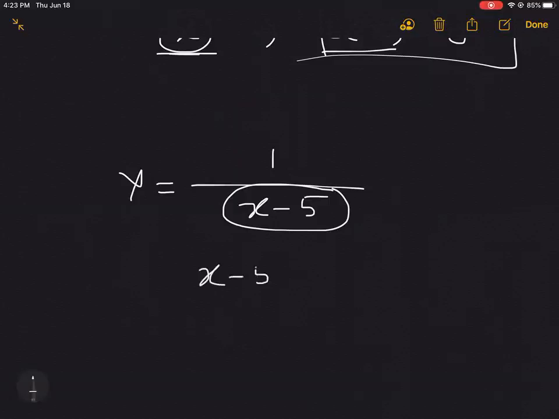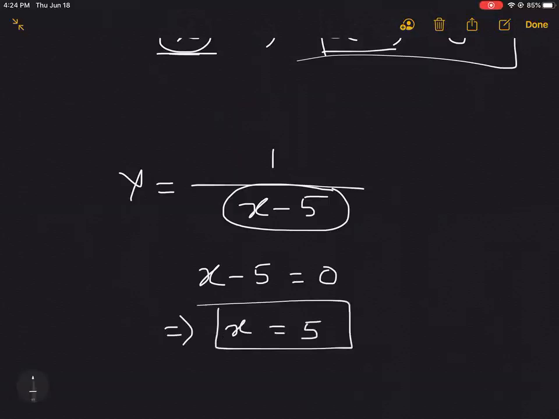So we need to set this to 0 and solve it for x. So x equals 5. So whenever x is 5, the denominator is 0. And as I said, we'll exclude that and take everything else from the set of real numbers and say that this is our domain.